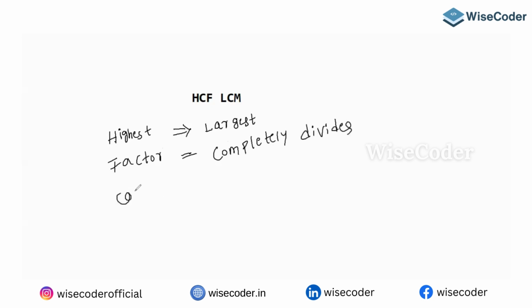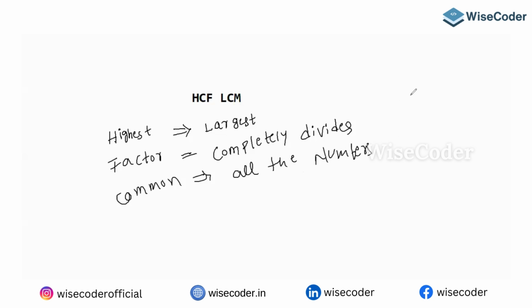Common means all the numbers. Common, which means what, guys? All the numbers. So we need to find the largest number that completely divides all the given numbers.